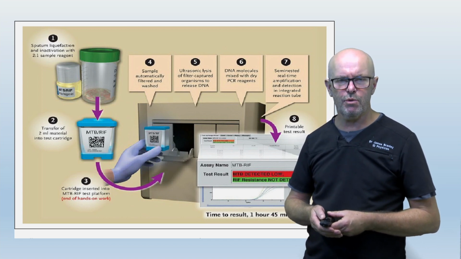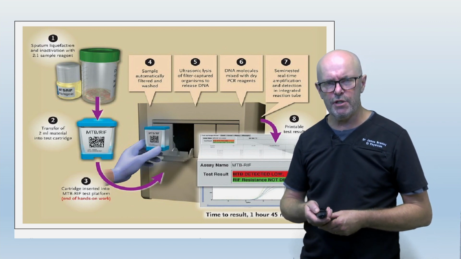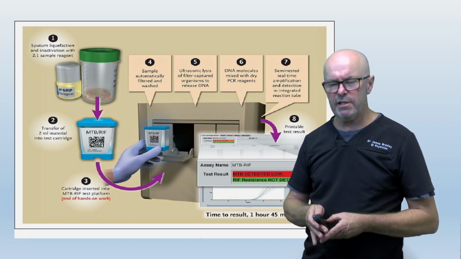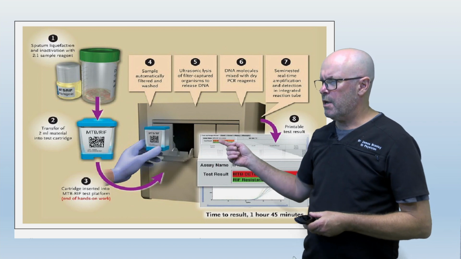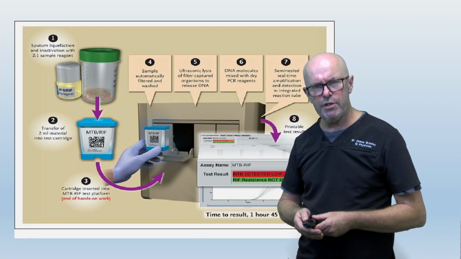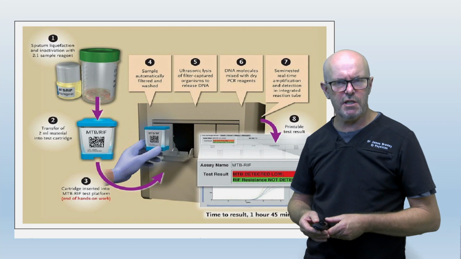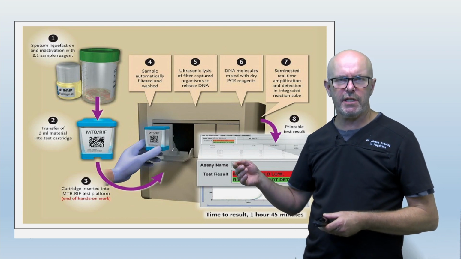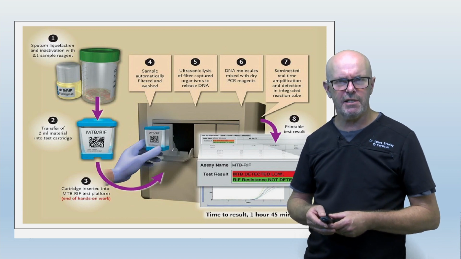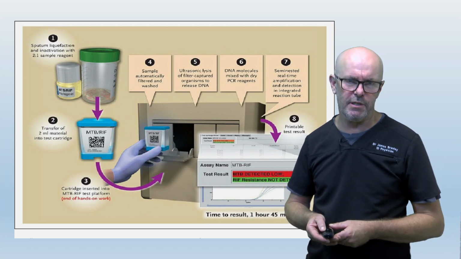So a highly useful duplex assay that can be done in rapid time to detect that pathogen, and also illustrates the next point, which is that PCRs can be used in this sense to detect genes that are associated with resistance. So particularly rifampicin resistance in TB, but also genes like the mecA gene in Staph aureus. We commonly use these duplex assays to detect the presence of MRSA as well as the presence of Staph aureus.